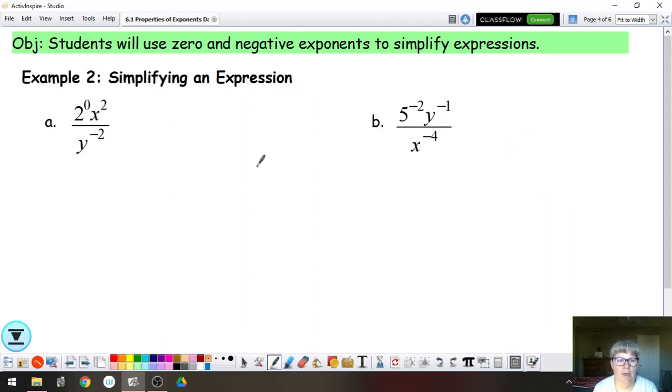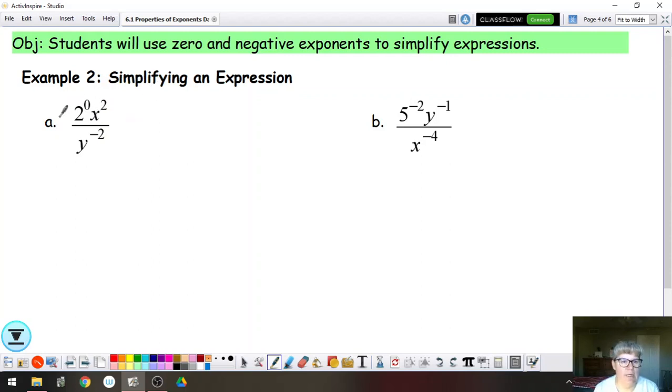Now here we have a situation where we have multiple pieces within our expressions. Everything has an exponent, and we need to simplify it. When you have variables and constants, generally you do evaluate the constant piece of the expression when simplifying.